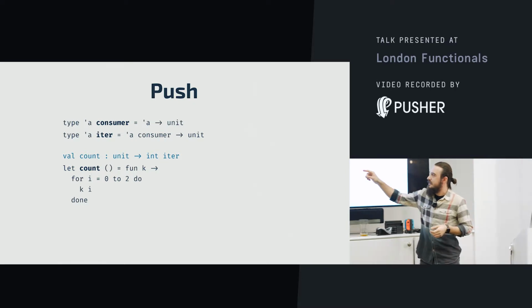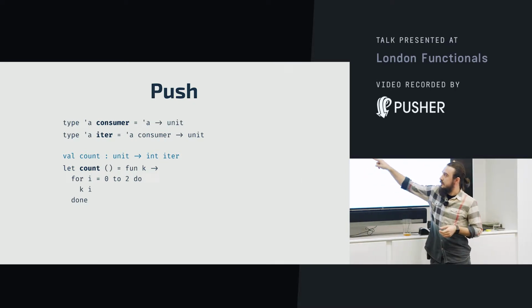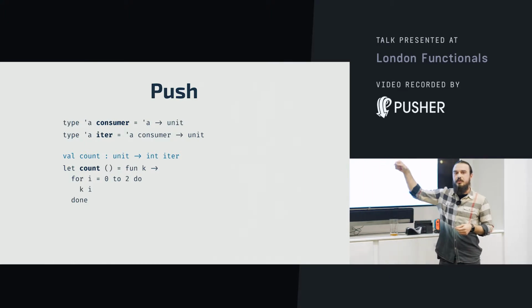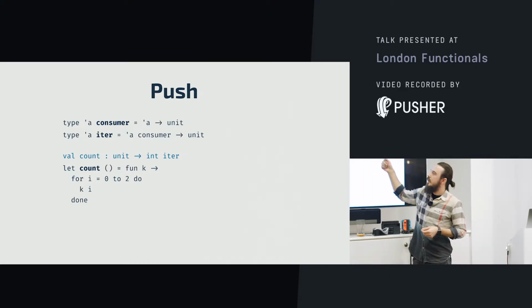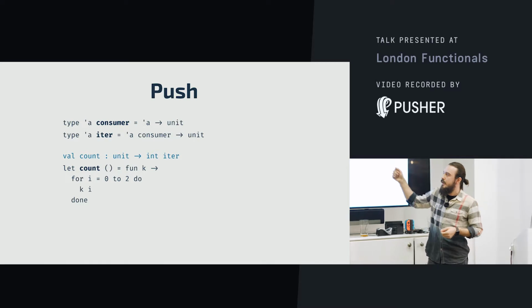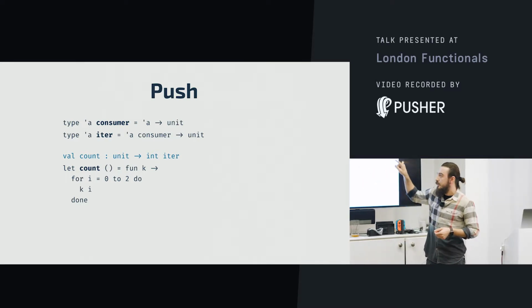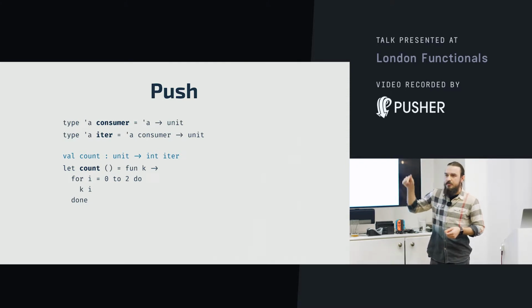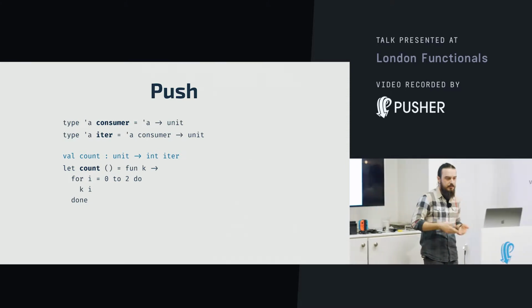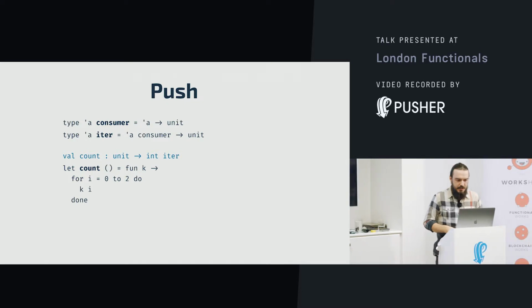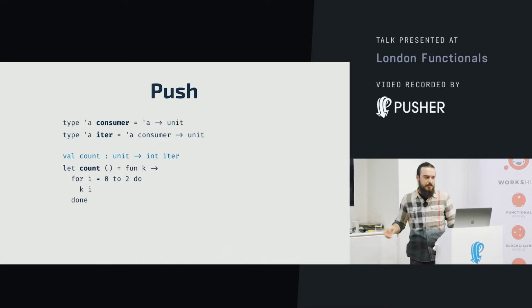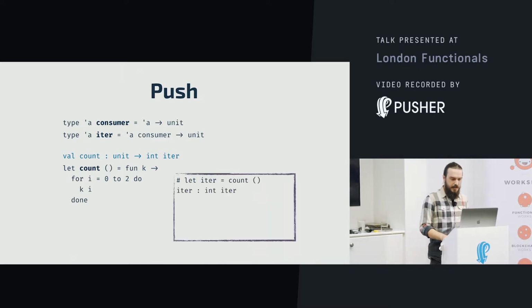So as you can see, this k argument here is the continuation function. So it's the consumer. And we iterate on the numbers from 0 to 2, including 2, and we just send them down to k. And k can do with them whatever it wants. It's not the producer's responsibility to decide what has to be done.